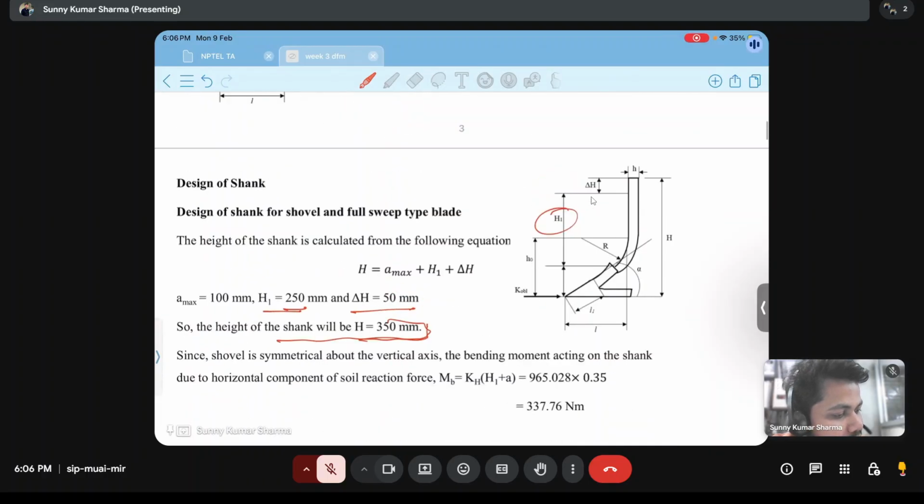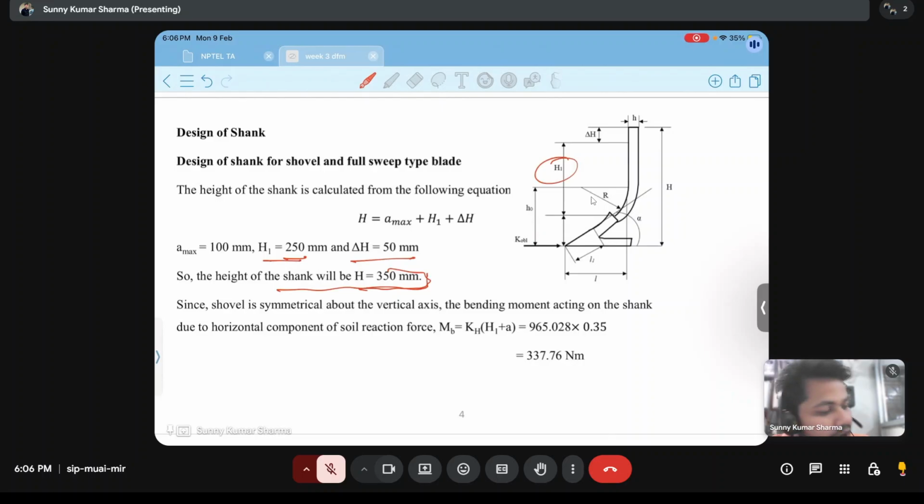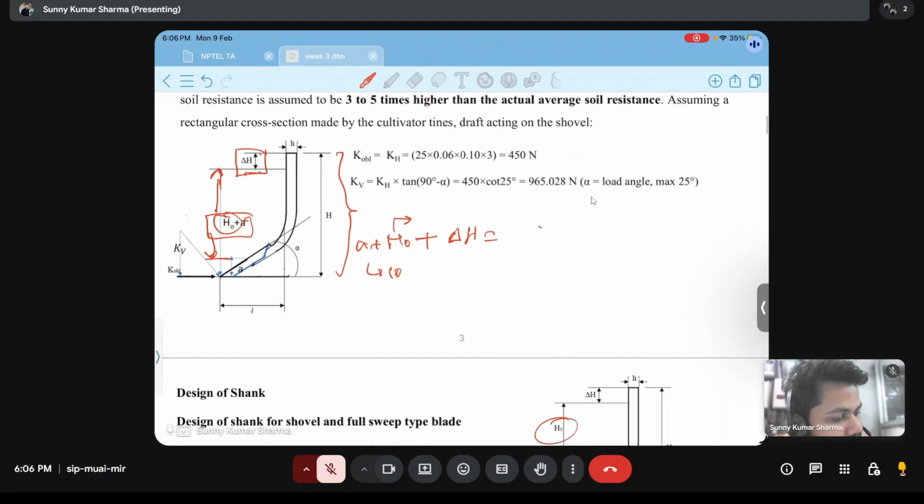This is the height of shank, and after that we will know what is the force acting on this working element. The force acting on this working element is the soil resistance force, that is K. Now we will break this into two components, that is Kx and Kv.